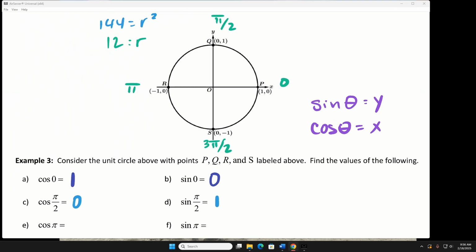Do you understand that? This is the x versus y. In the ordered pair, that's the x and that's the y. If you want to find the sine of an angle, all you give is the y. If you want the cosine, you just give the x.